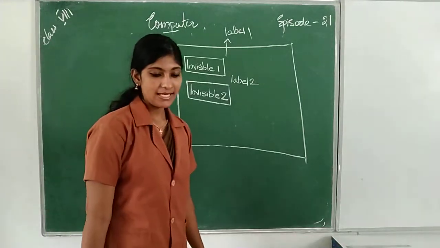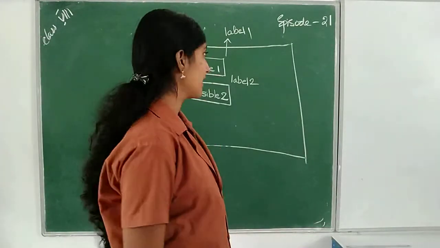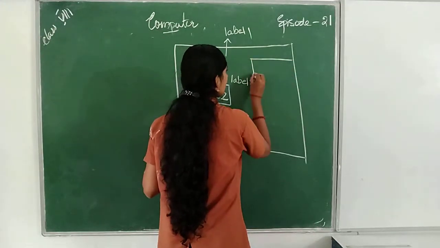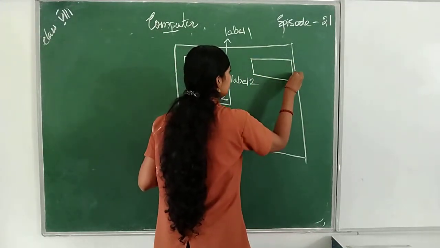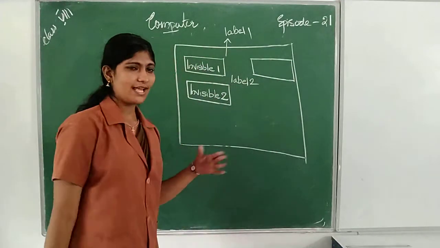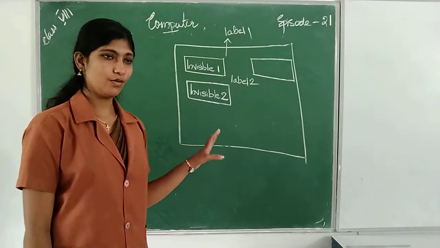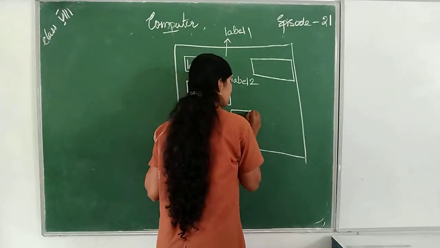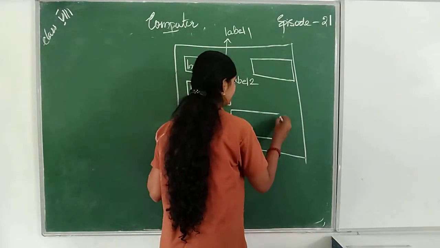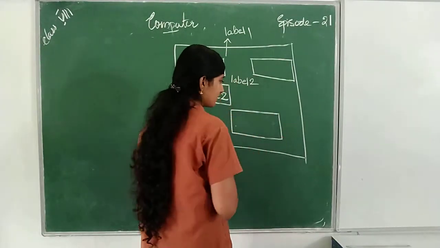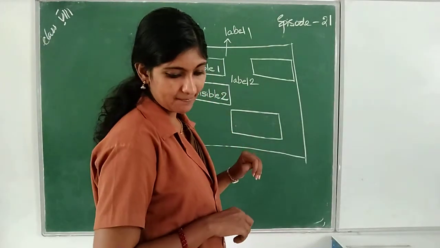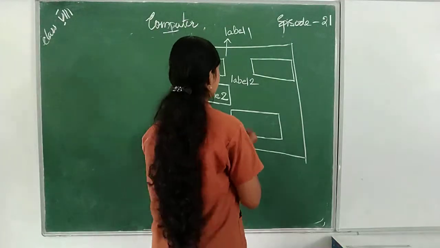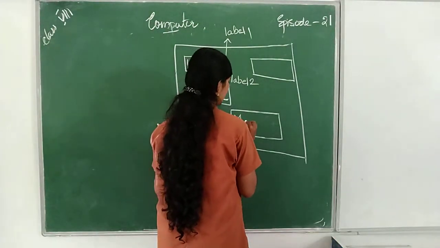Then place a text box and enter any letter or word there. Next, place a command button. The command button name is magic button.